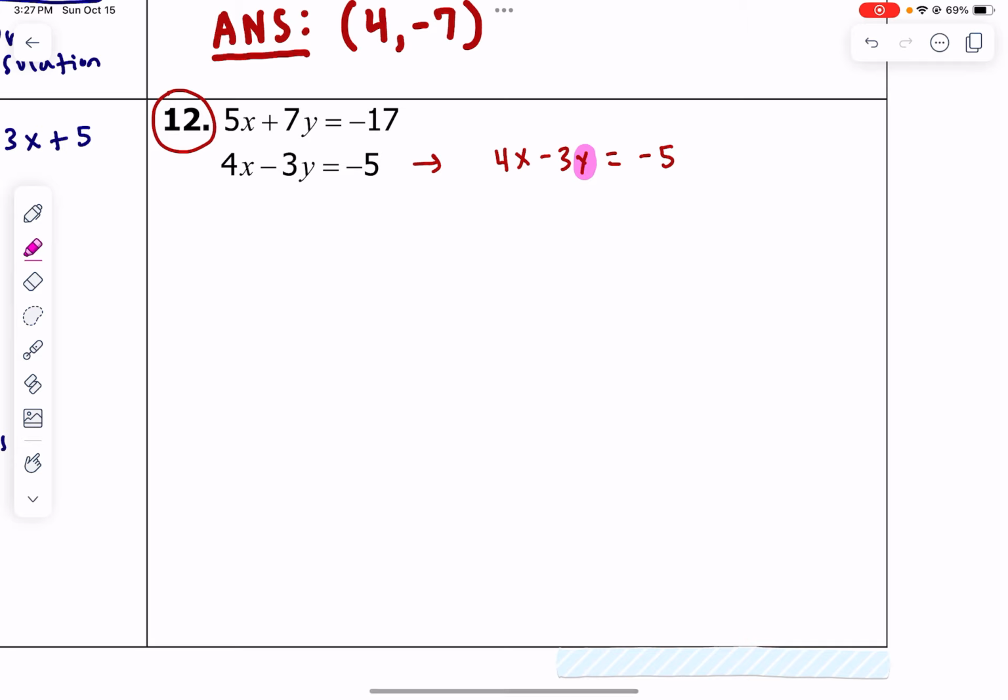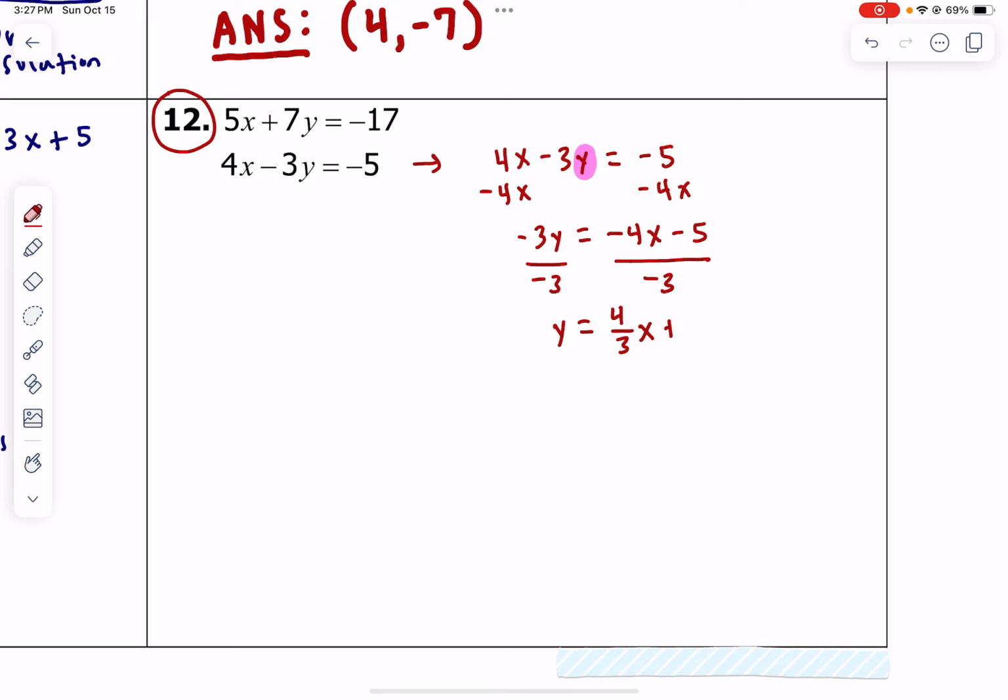Let's try that out. So you subtract the 4x, negative 3y equals negative 4x minus 5. Divide by negative 3 on both sides. You get that y is equal to positive 4 over 3 x plus 5 over 3.